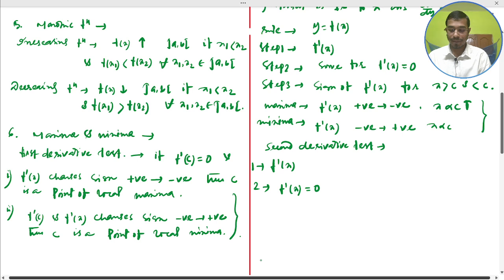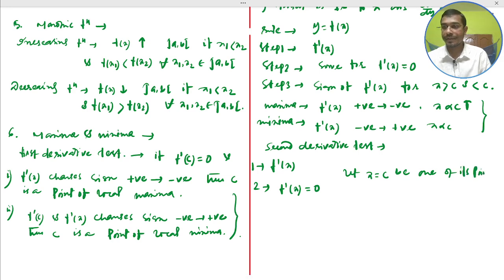Each value of x so obtained is a candidate of maxima or minima. Let x equal to c be one of its points.